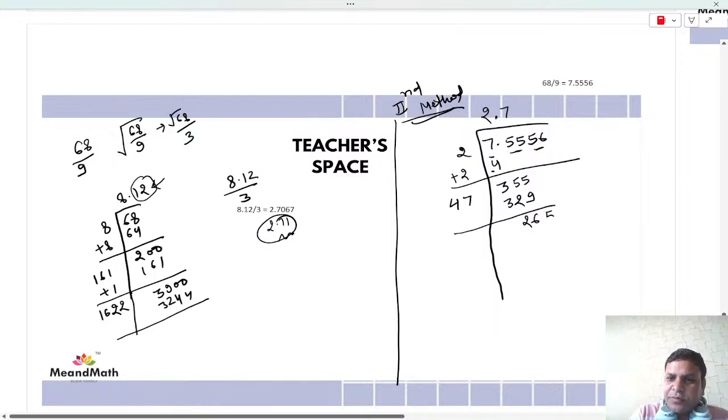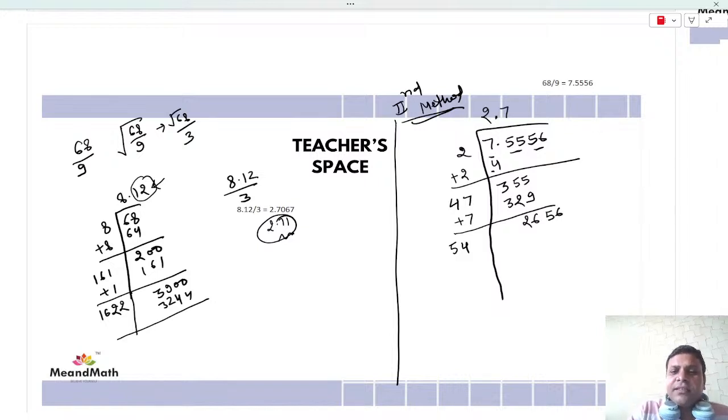So next, copy the next pair, that is 56. Plus 7 here. So this is 54. Now which digit do I have to write? Just write 4 here.